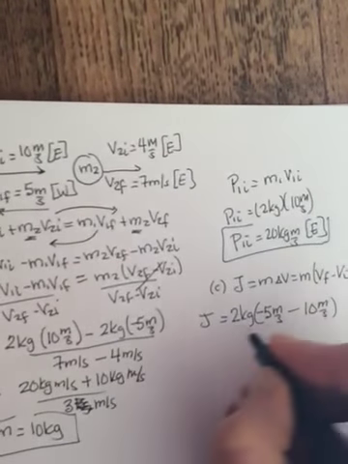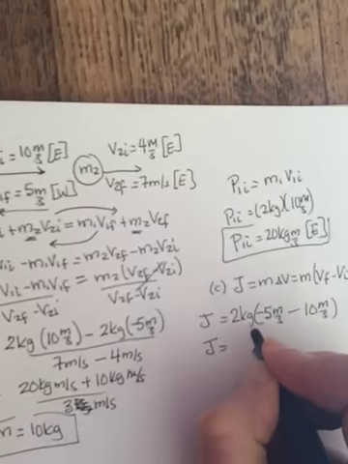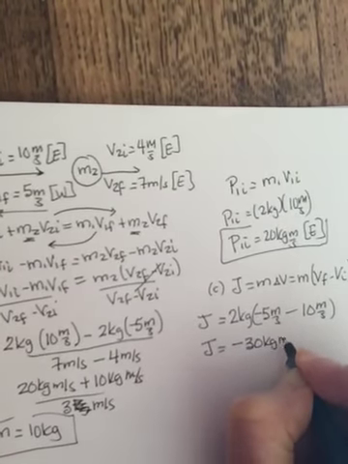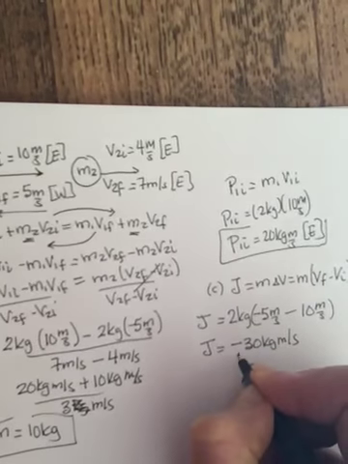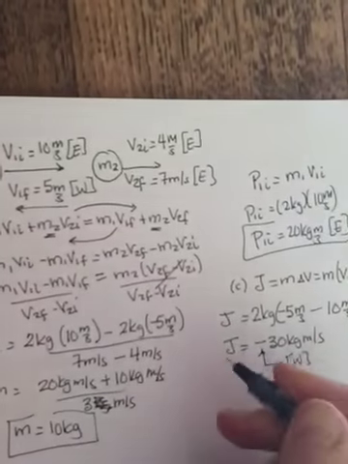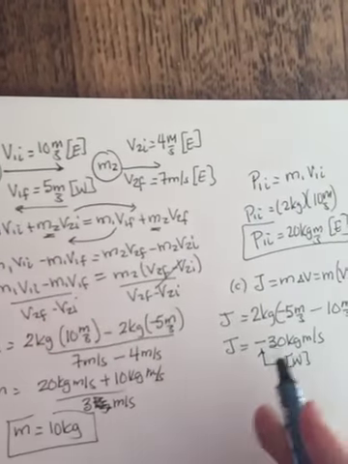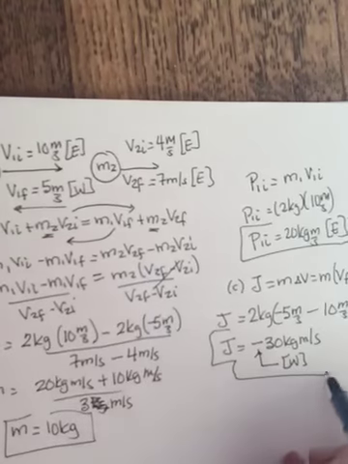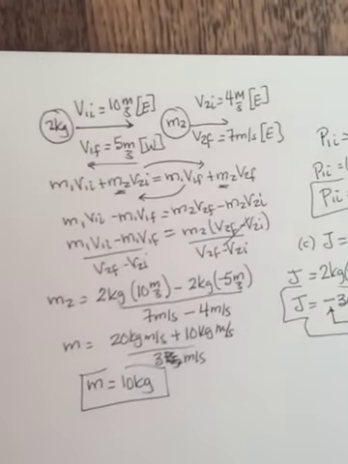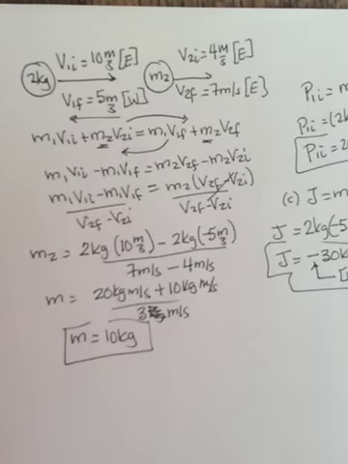Negative 5 minus 10 is negative 15. Negative 15 times 2 is negative 30 kilogram meters per second, where this negative means west. So the impulse being put on the red ball is in the opposite direction of its motion, which is why it ends up changing direction. Okay, so that was your last one, number 10.